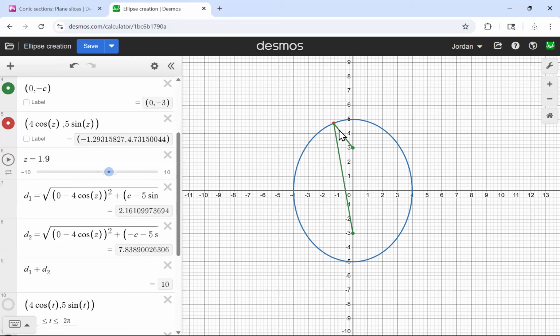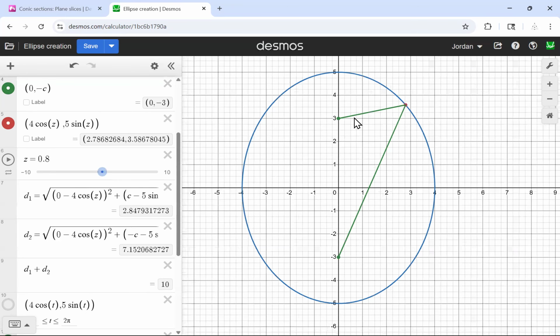However, if I sum the two distances up, those two distances add to 10. So as I move this around, while the individual distances change a lot, summing them up adds to 10 no matter what point we are at along this ellipse.